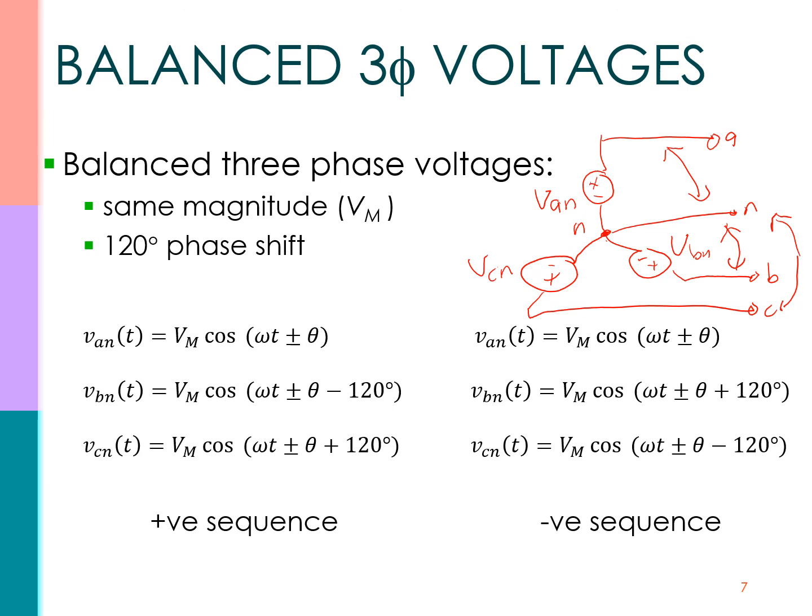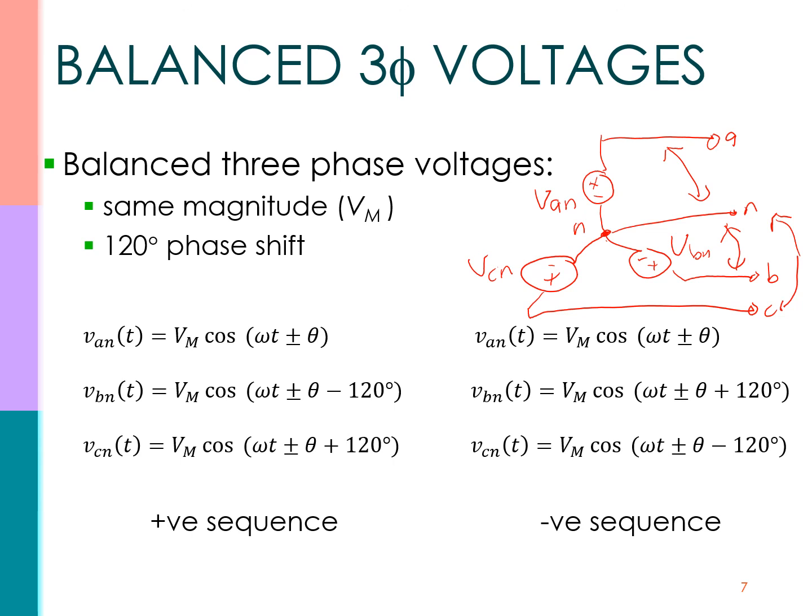The voltages VAN, VBN, and VCN are respectively between lines A, B, and C and the neutral line, and we call them the phase voltages.